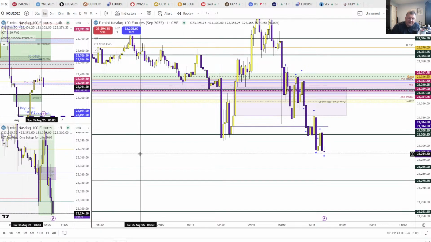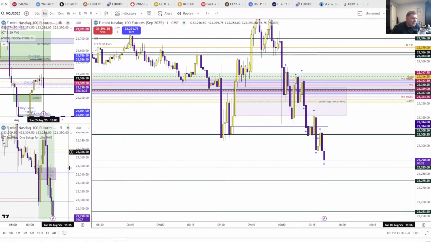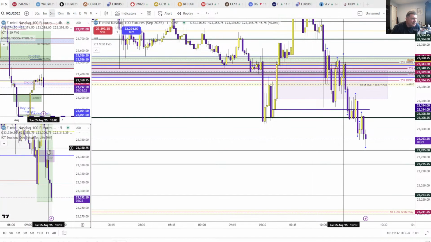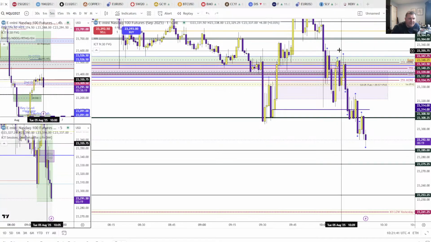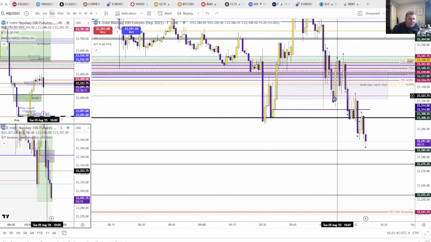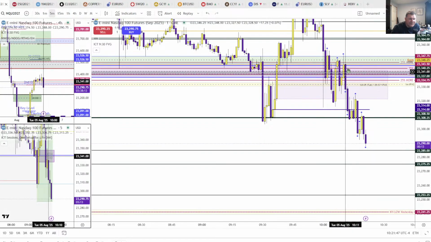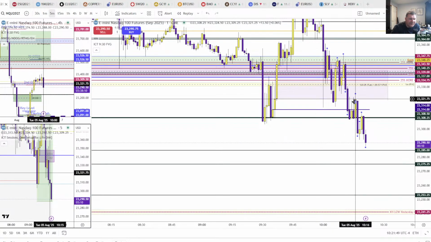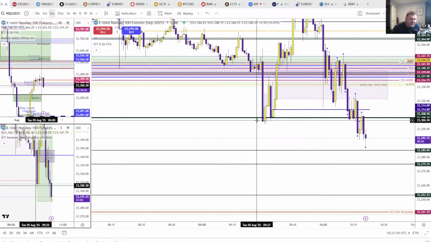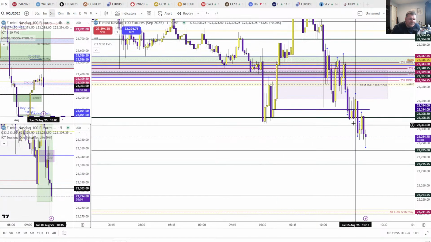Well, if you miss it on a 5-minute, go down to your 1 minute and wait for the next one. So if you missed it here, which would be lined up with right there, you wait for market structure shift, trade back into the low. You can catch right off the top of your inversion fair value gap. You can catch your short there, reach for here. As soon as it hits that level, pay yourself.